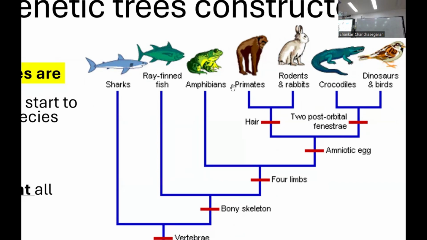Essentially, all of them have 4 limbs, and then there was a divergence of the common ancestor to have different traits. One formed to be amphibians, and the divergence created other divergences to eventually create your primates. But essentially, all of these have homologous structures which are relating back to the 4 limbs, right?